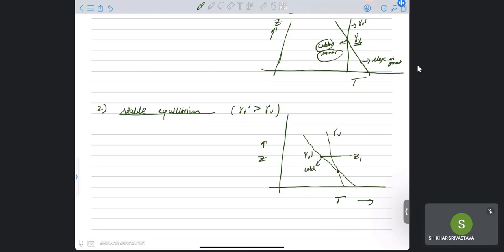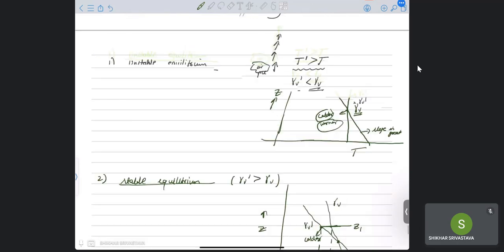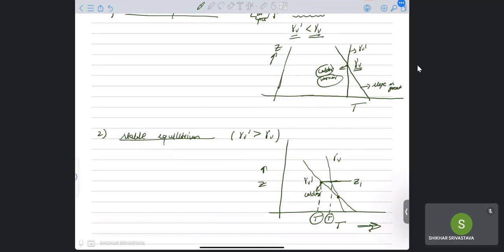This is T dash, the temperature of the parcel, and this is the temperature of the environment, and the temperature is increasing in this direction. Since the lapse rate of the parcel is greater than the lapse rate of the environment, it will be colder than its environment, so it won't be buoyant, it won't rise, and it will come back to its original position.